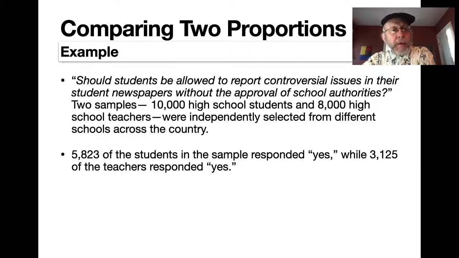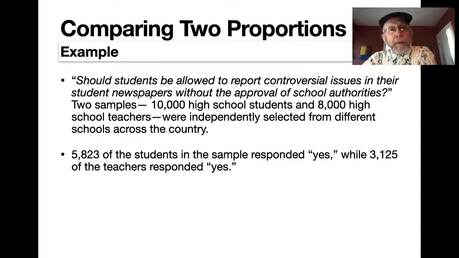But of the 8,000 high school teachers, only 3,125 answered yes. And so we see that more than half of the students thought that student journalism should be unfettered by any sort of requirement for approval, while less than half of the teachers thought the same thing.